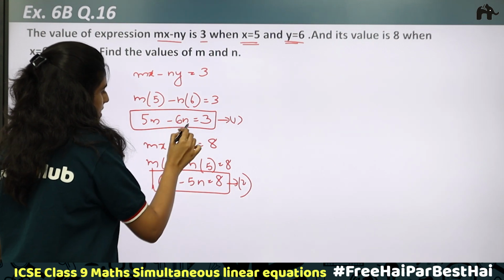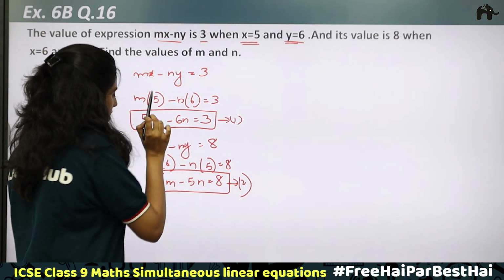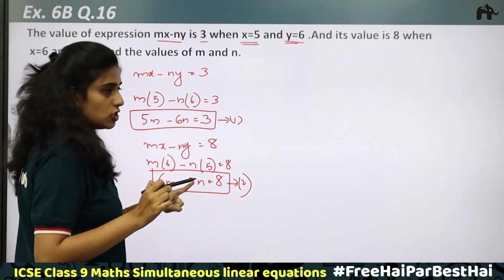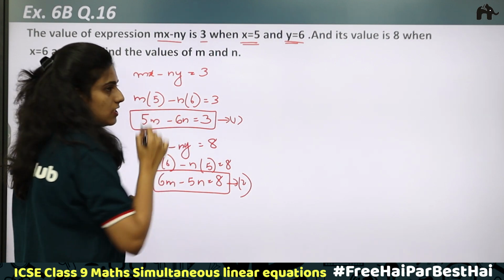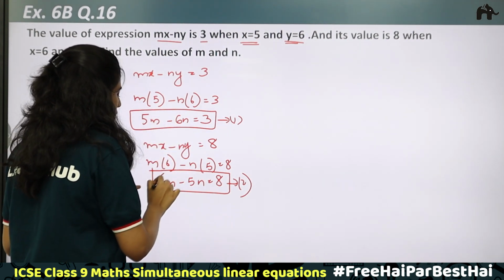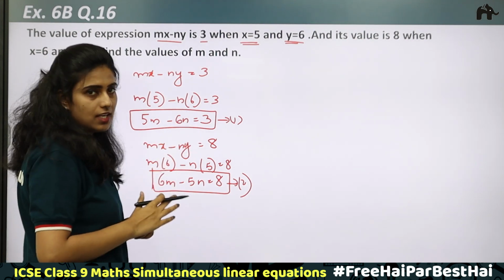Now we can see that here the coefficient of m in the first equation is equal to the coefficient of n in the second equation. Coefficient of n in the first equation is equal to the coefficient of m in the second equation. So we can add and subtract the equations.